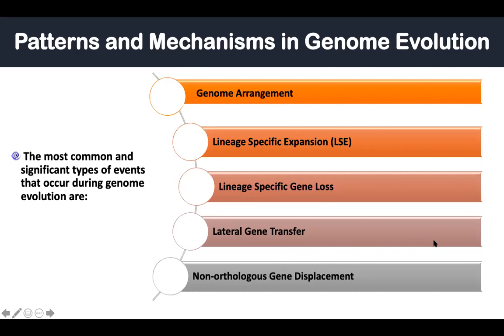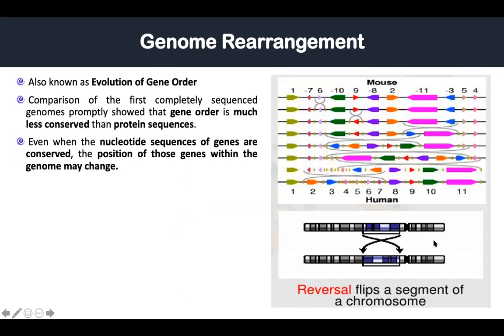So we'll move on. The first one is genome rearrangement. This is also known as evolution of gene order. What researchers notice when they compare genomes is that although the nucleotide sequence or protein sequences are quite conserved among closely related species or genus, there are quite frequently rearrangements in the order of the genes.